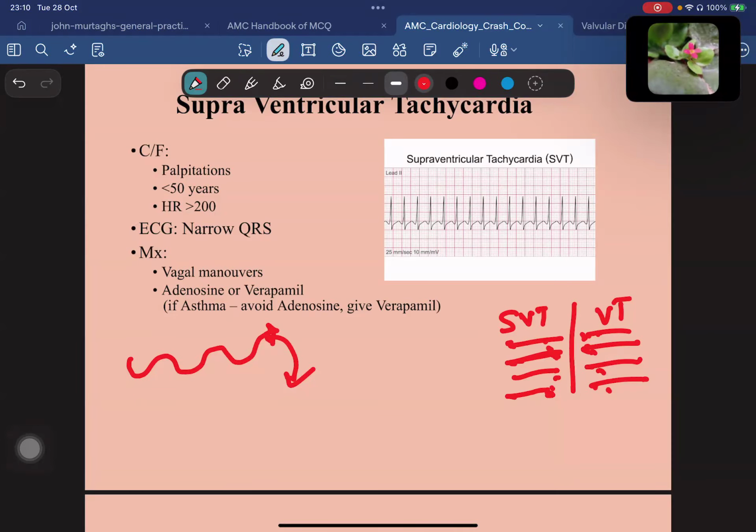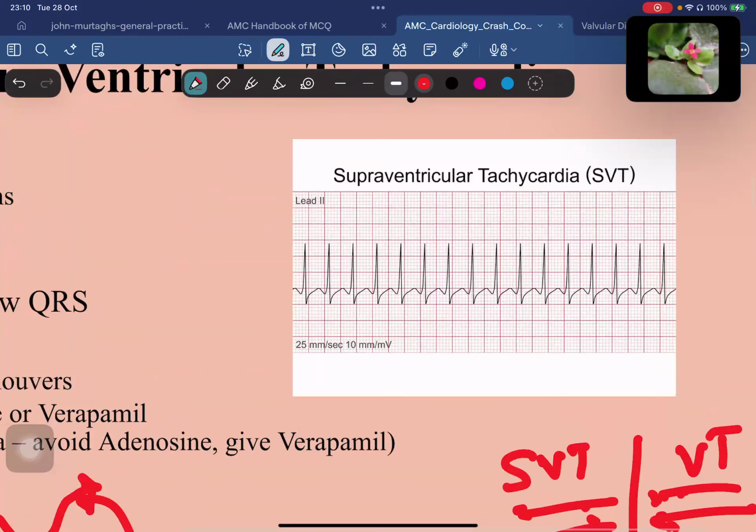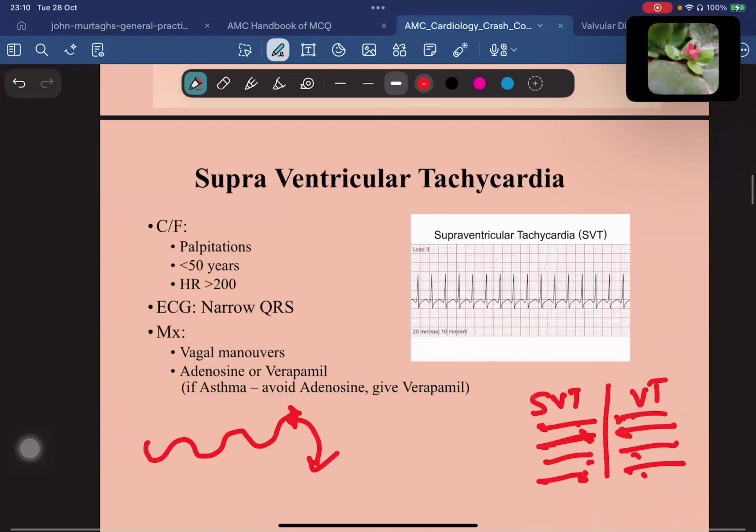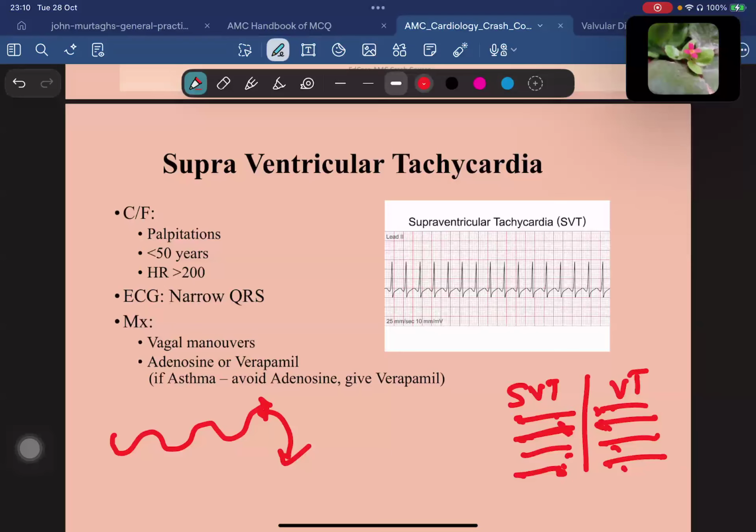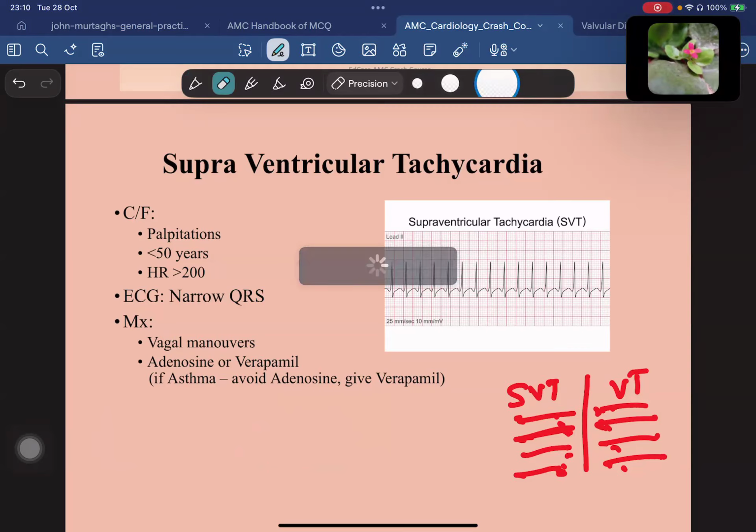And as you can see in this picture, you would see narrow QRS complexes in the ECG. For management, John Murtagh says vagal maneuvers, and some say carotid massage is not being used. I kind of saw it in a guideline recently, but it's always better to read more and see. So I'm not going to say carotid massage. We'll just use vagal maneuvers.